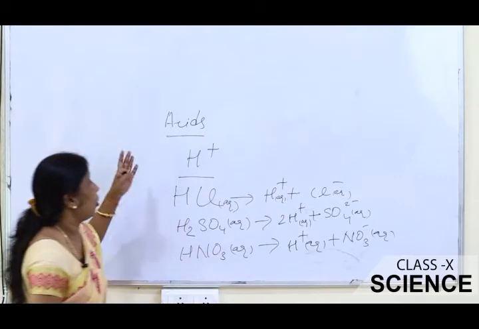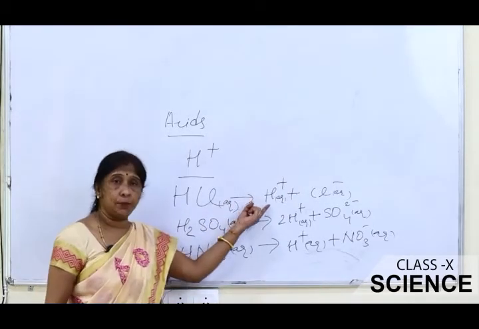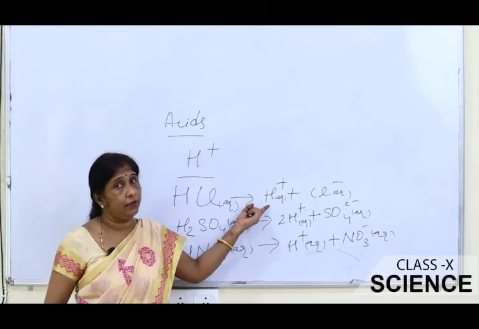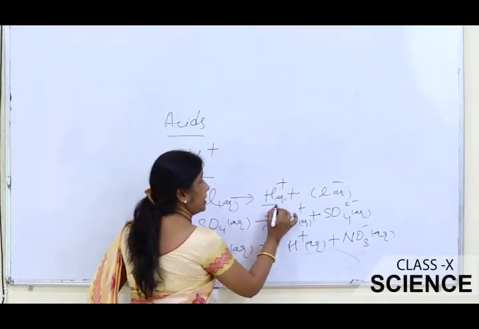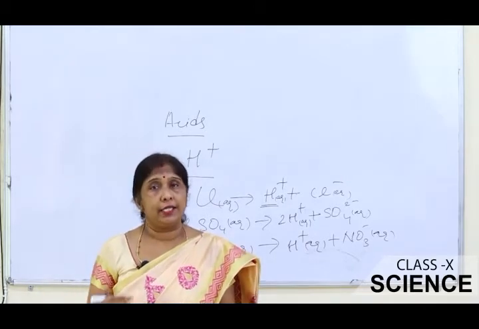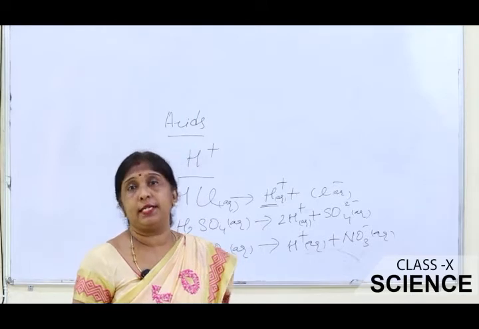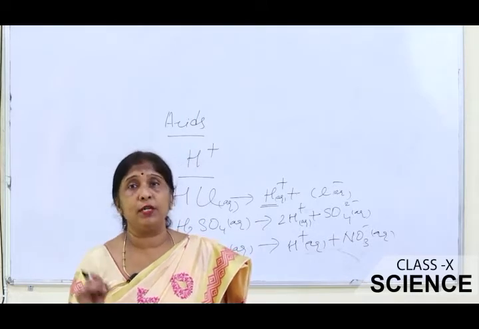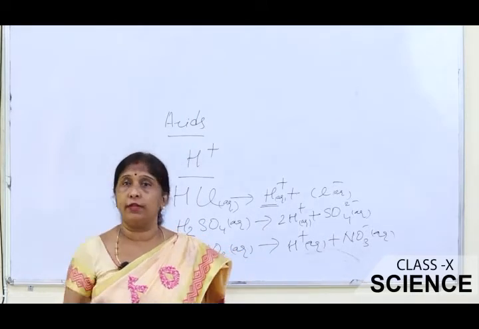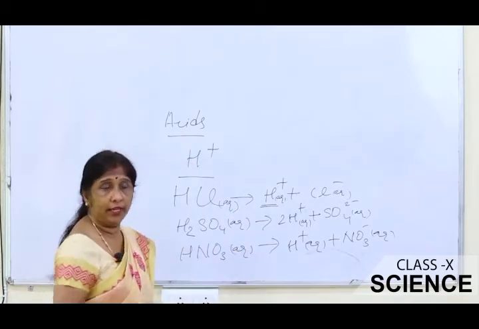So what all acids have in common is that they produce H plus ion on dissociation with water. The presence of this H plus ion is responsible for the acidic nature of an acid, and also due to the presence of this H plus ion, an acid is able to conduct electricity when it is dissolved in the water. So we can study this with the help of an activity.